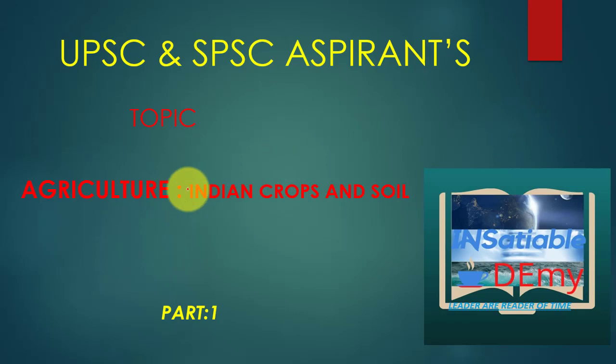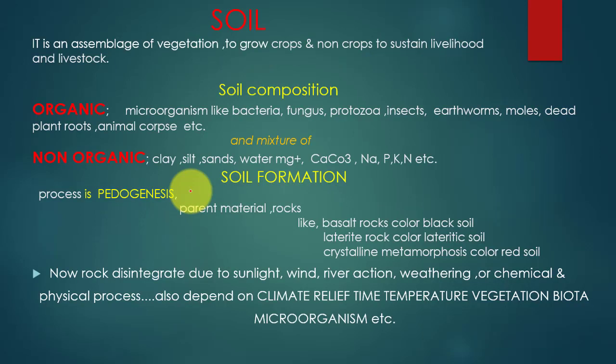So, topic: agriculture, Indian crops and soil, part one. Now, what is soil? Soil is from a Latin word, solum, and solum means substratum where the plants grow.